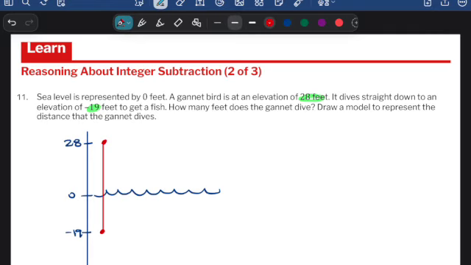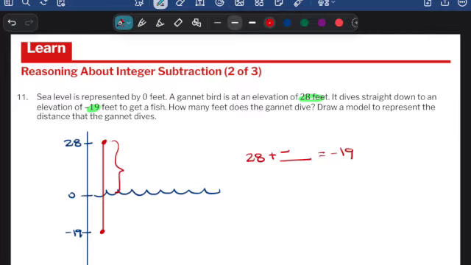So we started at 28. What do we have to add to 28 to get to negative 19? Well, we know we have to go down our number line, or we're moving to the left, so it has to be negative. We're going to be adding a negative number.